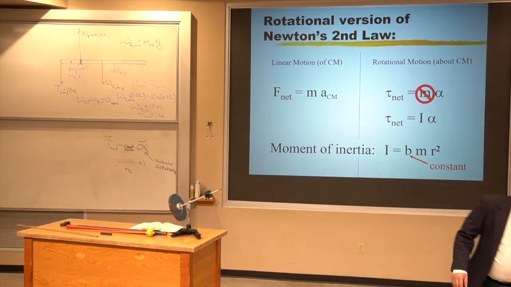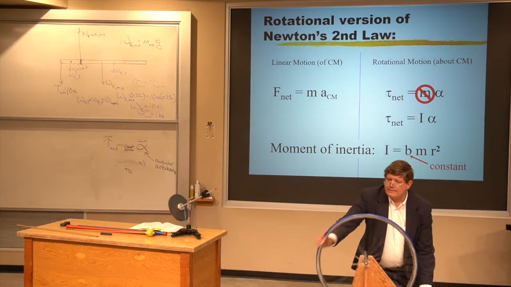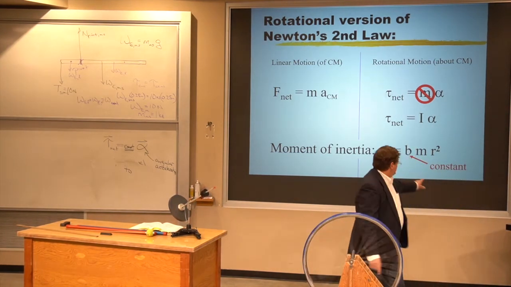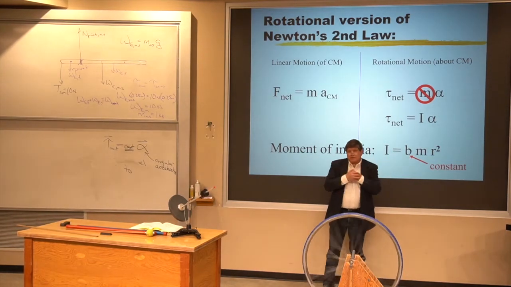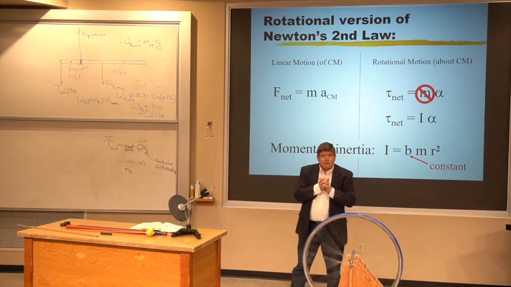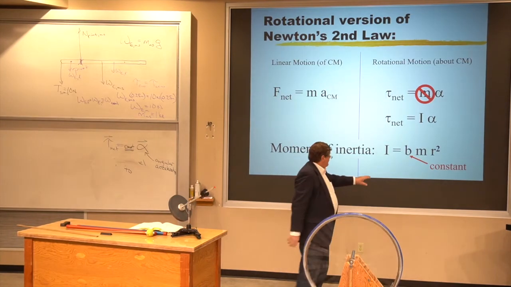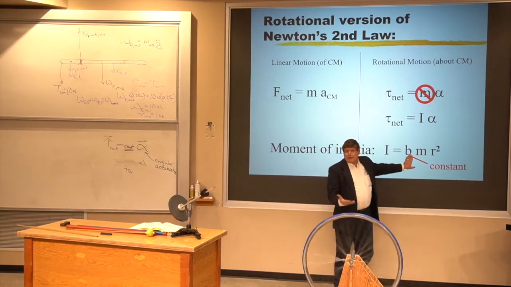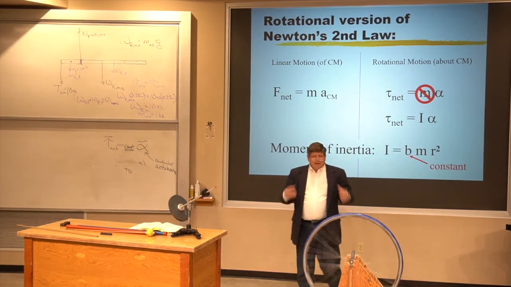For a wheel that had most of its mass on the outside, that constant would be 1. If I had a beach ball that was hollow, that would have a value of 2/5. If I had a billiard ball or a bowling ball that was solid, that value would be 2/3.